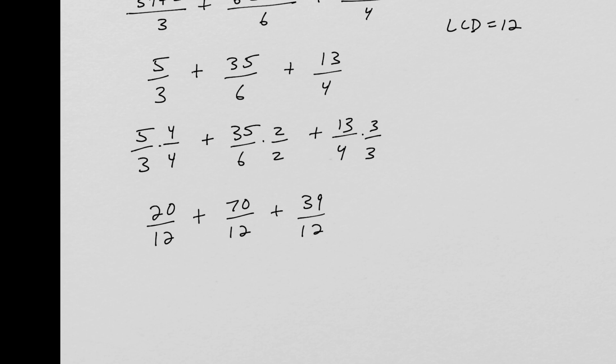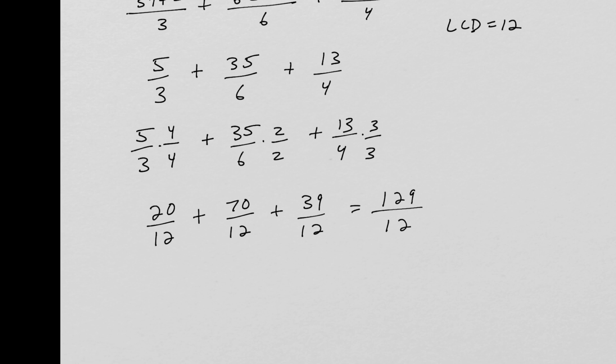Okay, so now, right, they're all like fractions. I can add the numerators. So 20 plus 70 plus 39 is what? 90 plus 39 is 129 over 12. Let's see, can we simplify that? Yes, I think we can, but you know what?